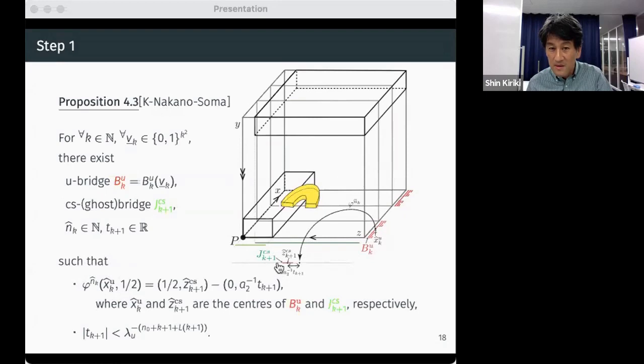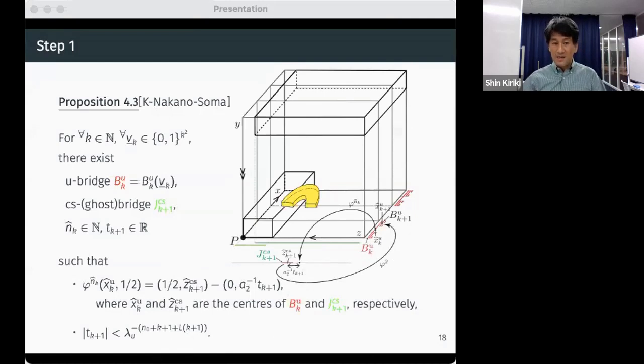Moreover, the norm of this shift can be taken arbitrarily small if k is large. Note that the ghost CS bridge is mapped to the next generation of the unstable bridge. Thus, we can do the same procedure in the next generation and more and more.